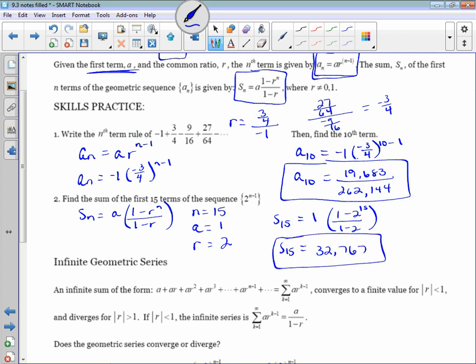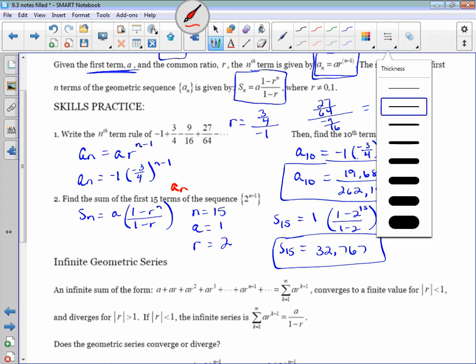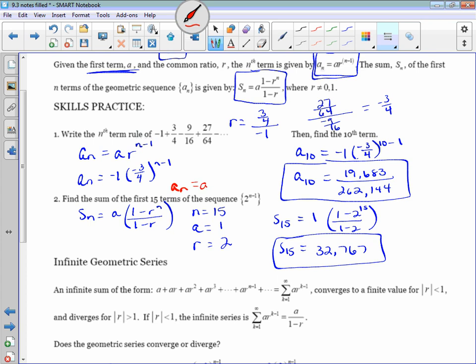Okay. R's 2. Are we struggling on finding those pieces? So this 2 to the n minus 1. We had the formula up above. We had a sub n that was a times r to the n minus 1, right?